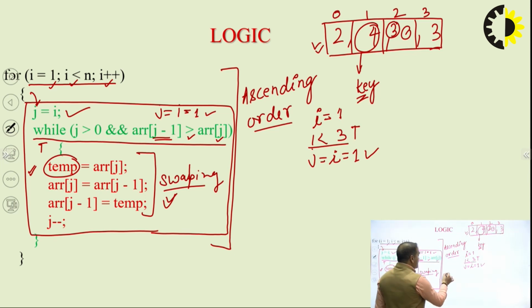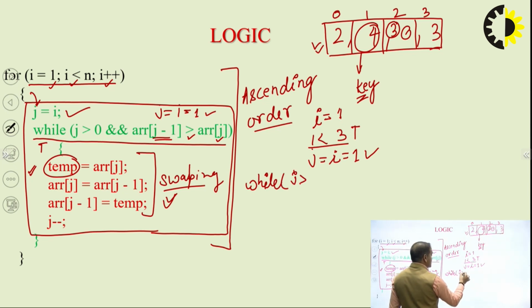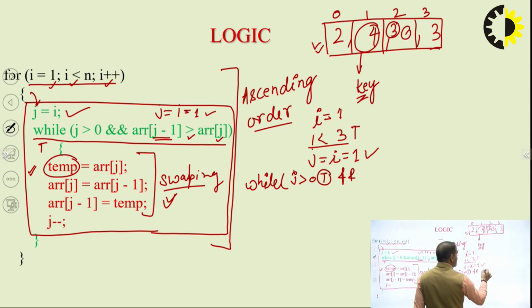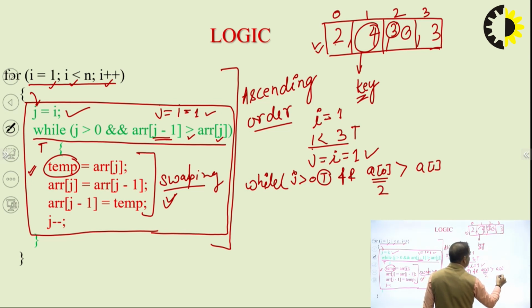Now the while condition is executed. While j is greater than 0, yes, condition true, and a[j-1], that is a[0], is greater than a[1]. First you check the condition. a[0] means 2 and a[1] means 4. Is 2 greater than 4?